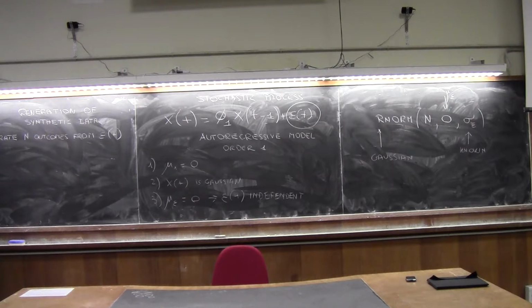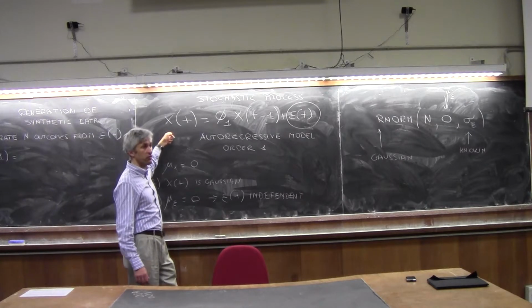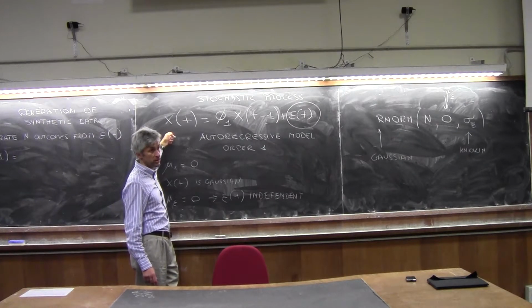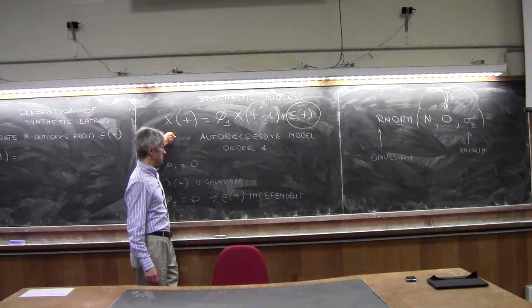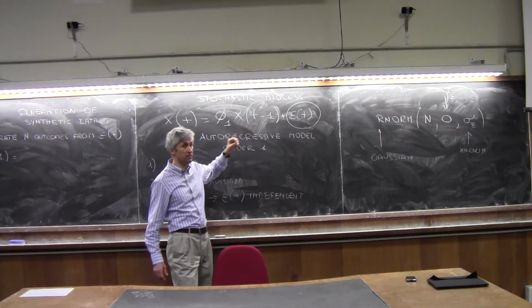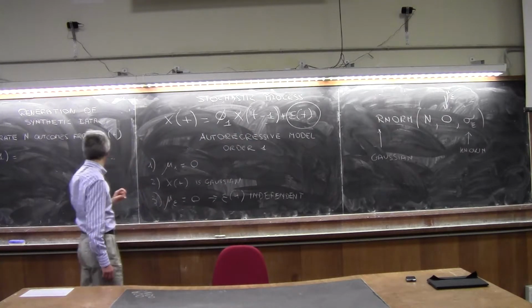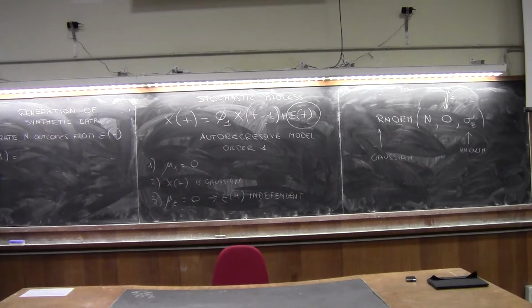Okay. Now, second step. You have the epsilon, so we can generate x1. How can we generate x1? We just use the formulation of the model of the stochastic process. And be careful, you don't have x t minus 1. Why don't you have it? Because you start from 1, you don't have any previous observation.